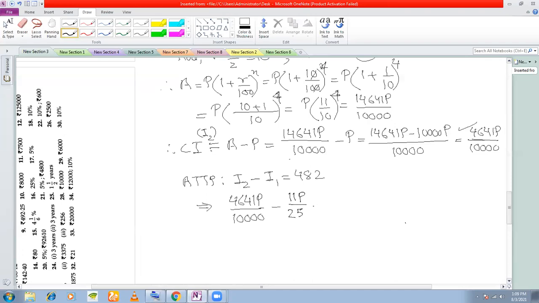Now take the LCM. Solve this equation. 4641P minus, now 10,000 divided by 25 will be how much? 400. So this will be 400 into 11P.